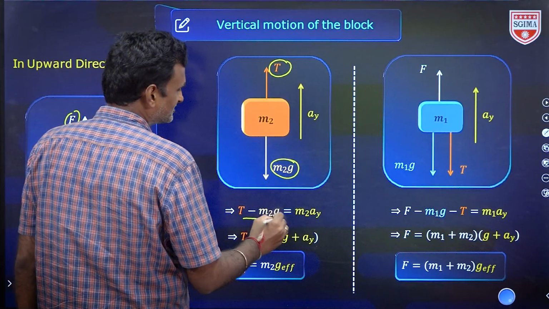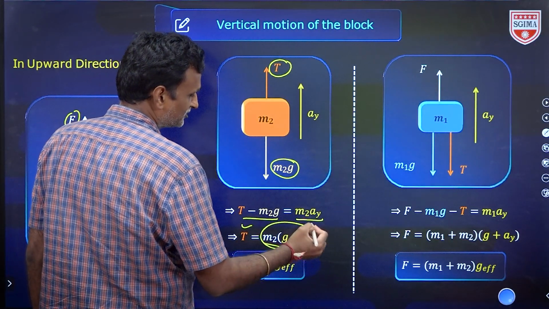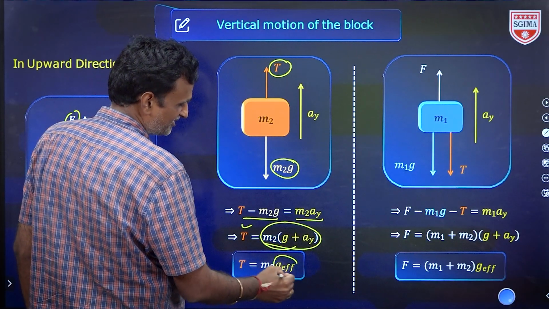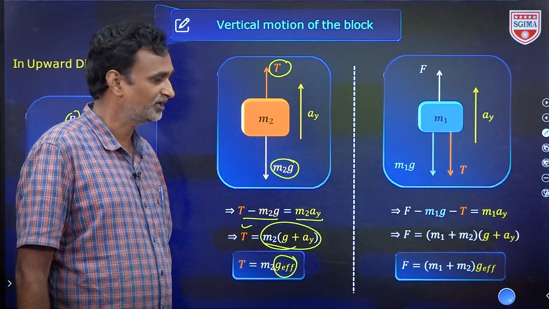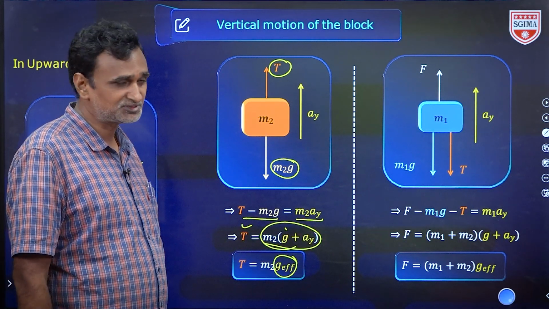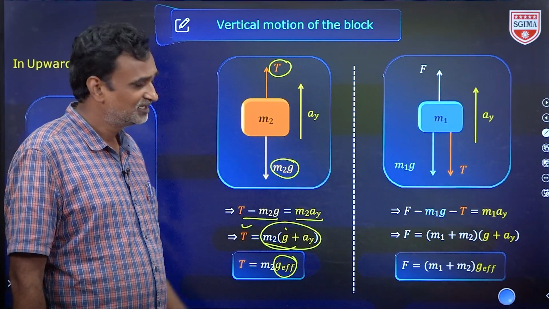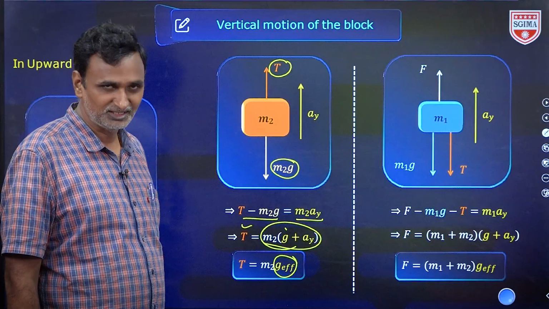Okay, T minus M2G equals M2A. So T equals M2 into G plus A. This G plus A is taken as G effective here especially. Okay, it might be G plus A, it might be G minus A sometimes depending on the motion of the blocks. If it goes downward, it will be taken as G minus A. In the coming slides, we will discuss.